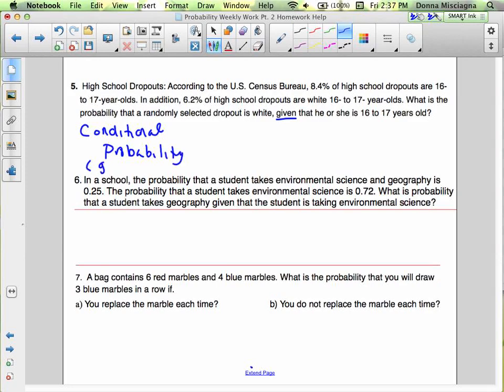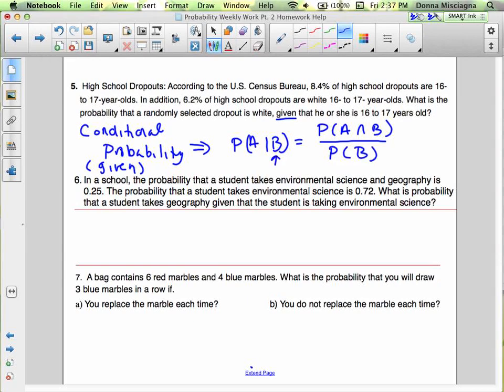And you'll know it when you see the word given. Conditional probability formula. The probability of A given B, let me write that nicer, is equal to the probability of A and B divided by the probability that this is the first event, has already occurred.